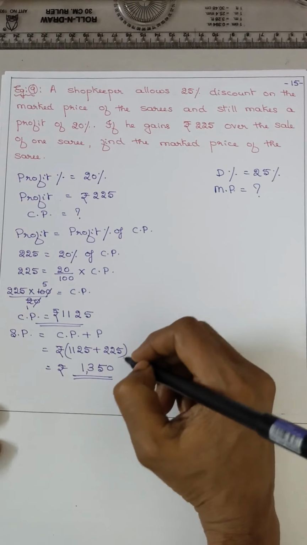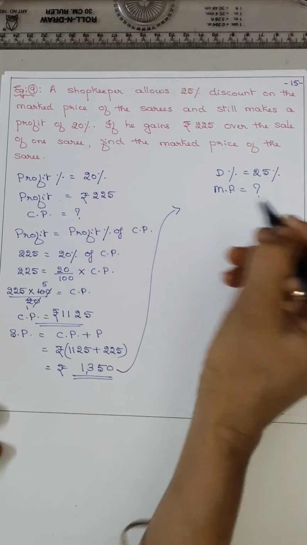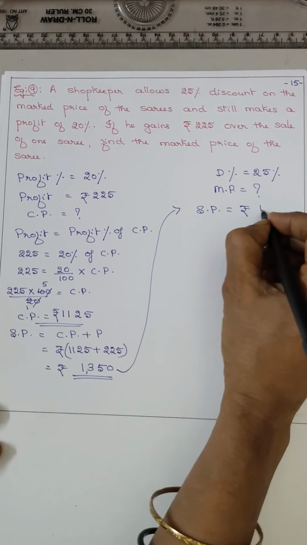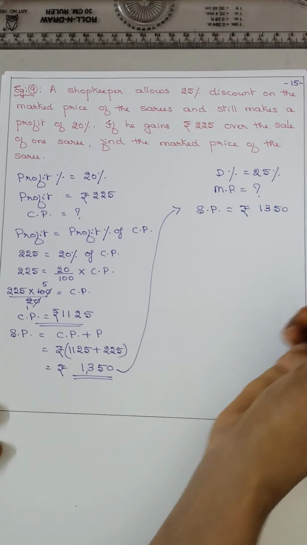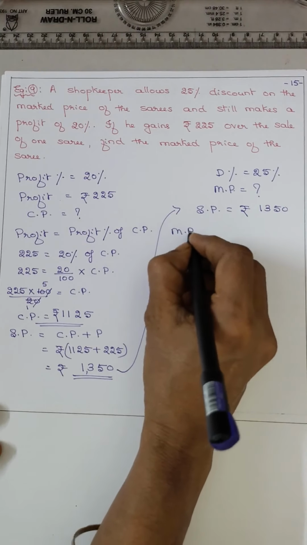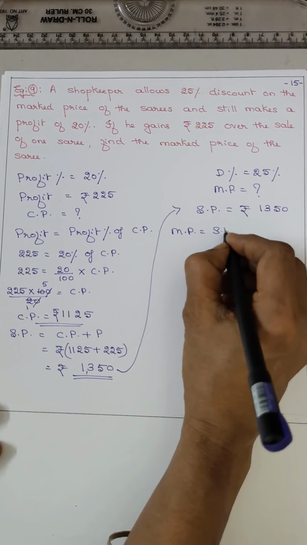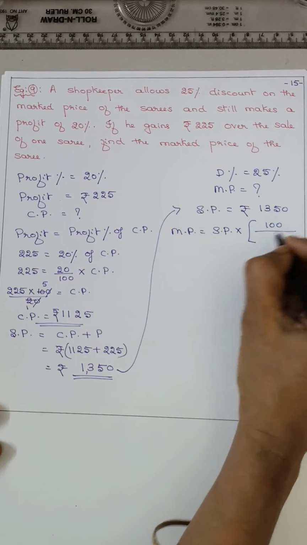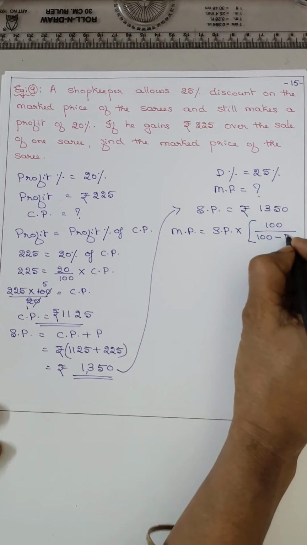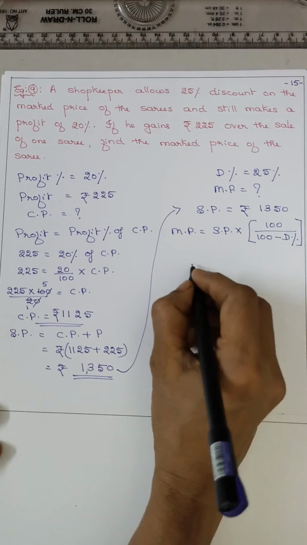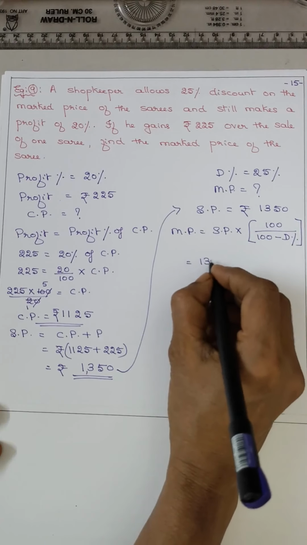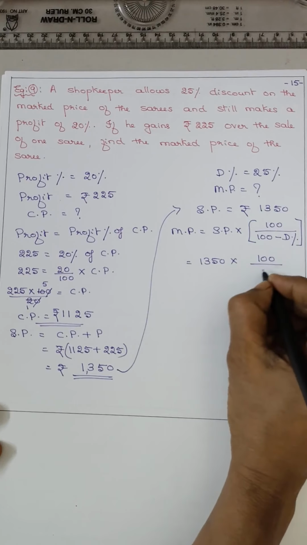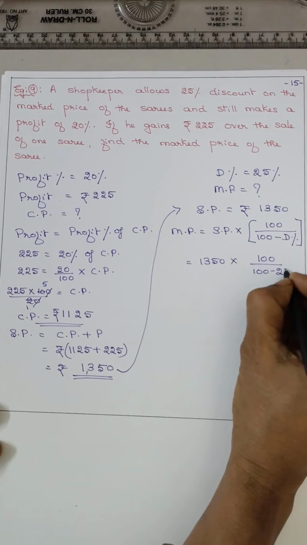Now take this. SP is equal to rupees 1350. Now put the formula. MP is equal to SP into 100 upon 100 minus discount percent. SP is 1350 into 100 upon 100 minus 25.